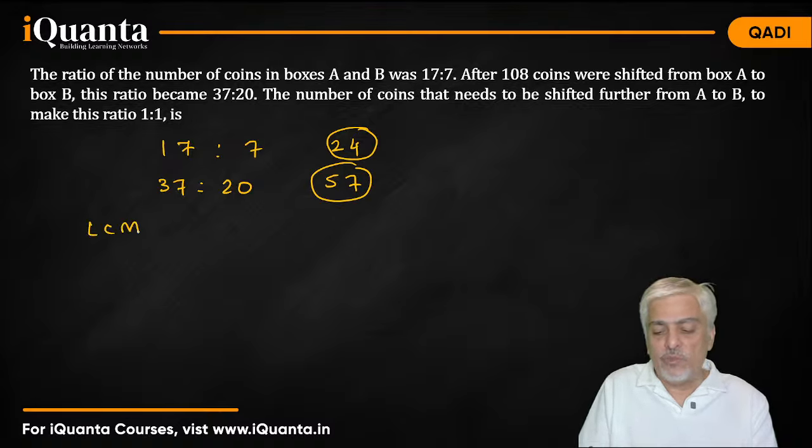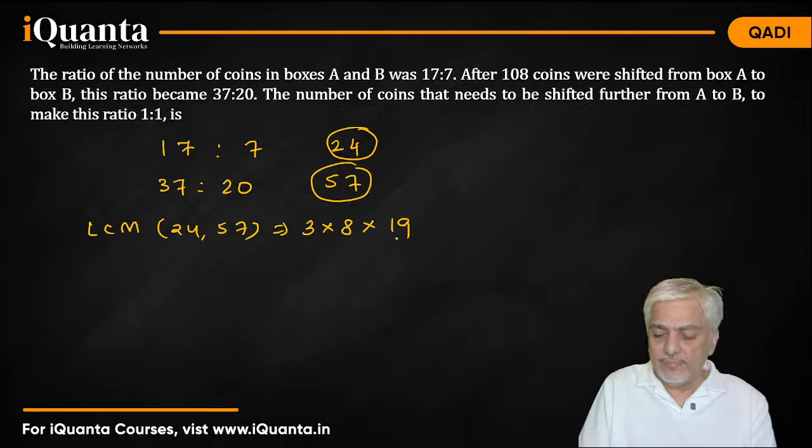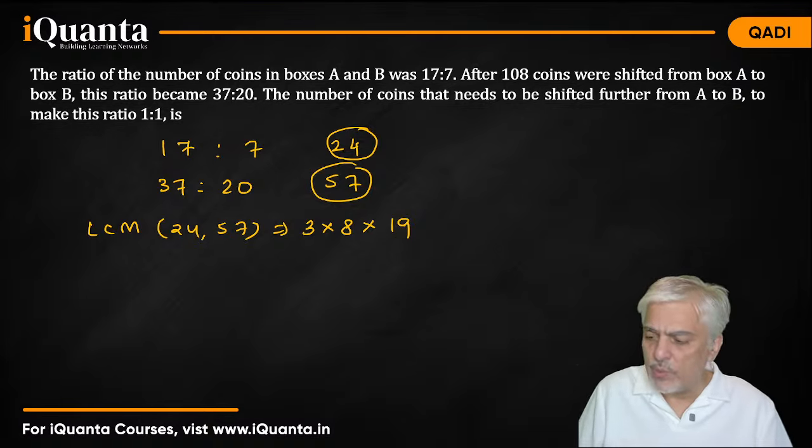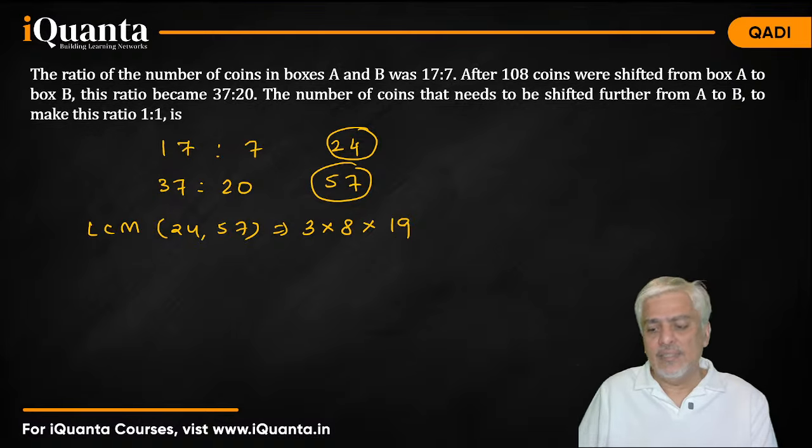Take the LCM of 24 and 57. What will be the LCM of 24 and 57? 3 into 8 into 19. 3 into 8 is 24, 24 into 19. 480 minus 24, 456.